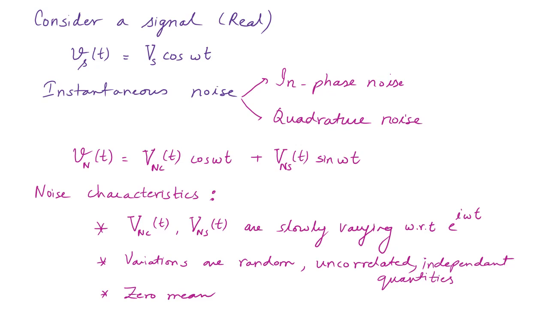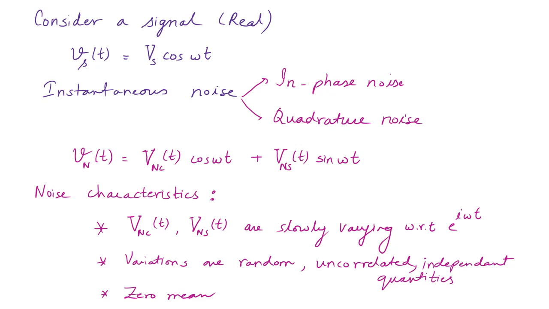So at my detector, I not only have the signal V_S of t, I also have instantaneous noise. And the noise is of two kinds. Because everything is real for me, there is a noise that is in phase with the signal. I call that in-phase noise.